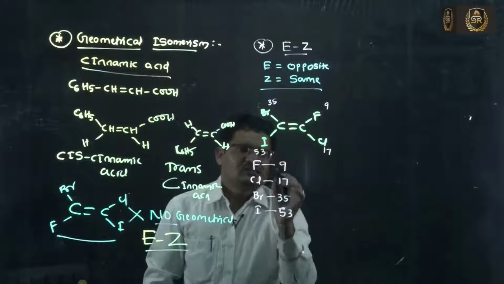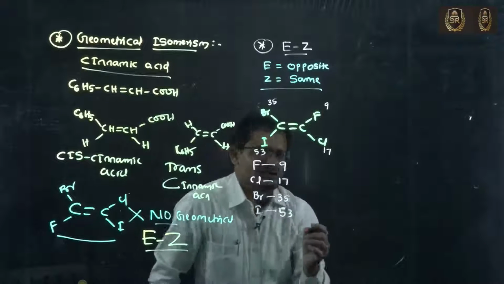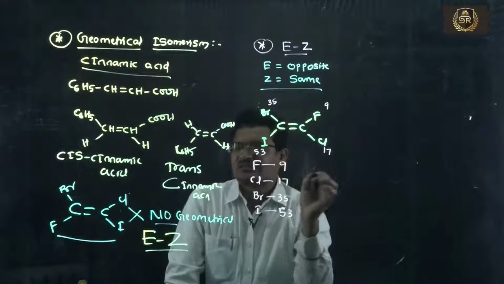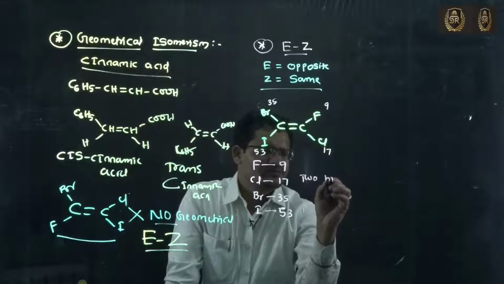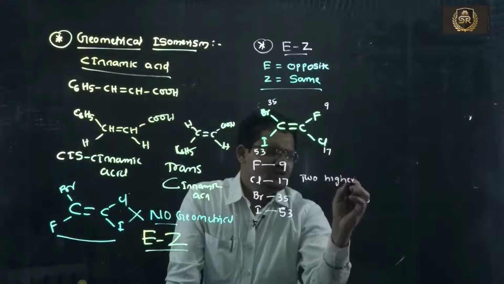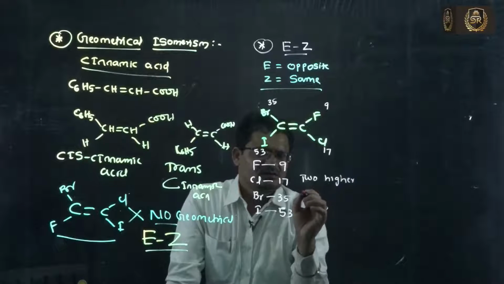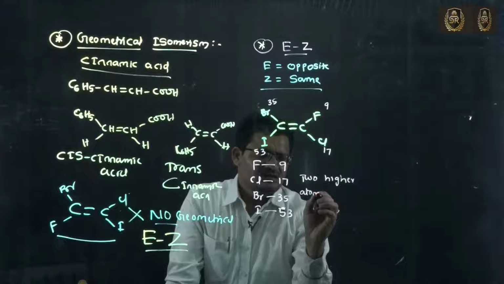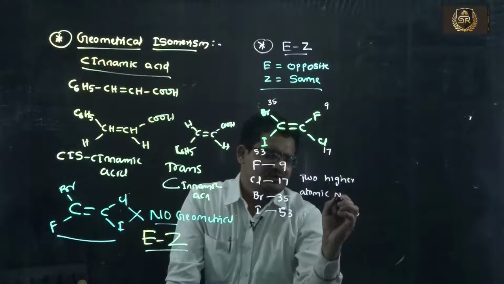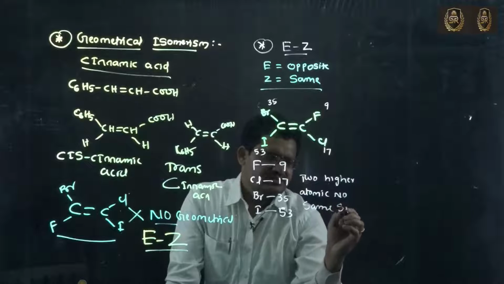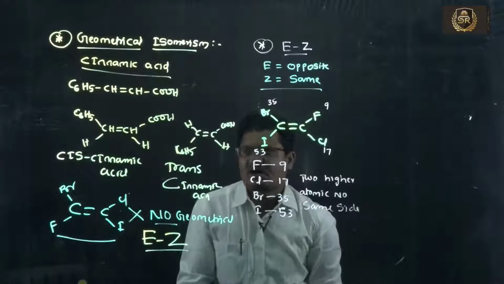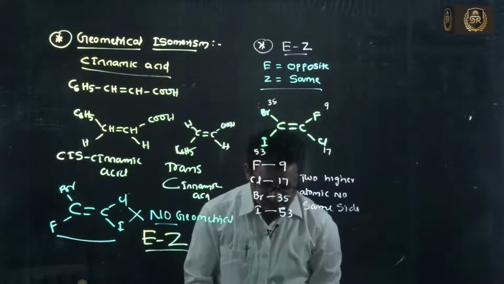So the two higher atomic number atoms are on the same side, so this is Z configuration.